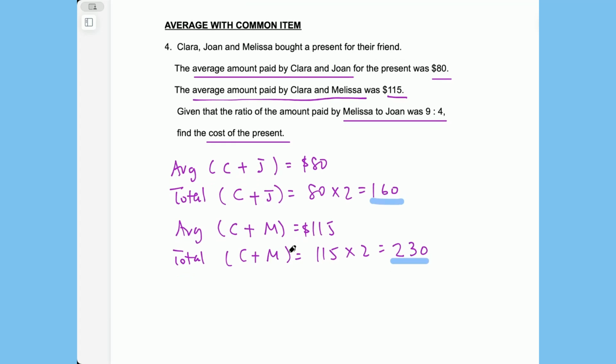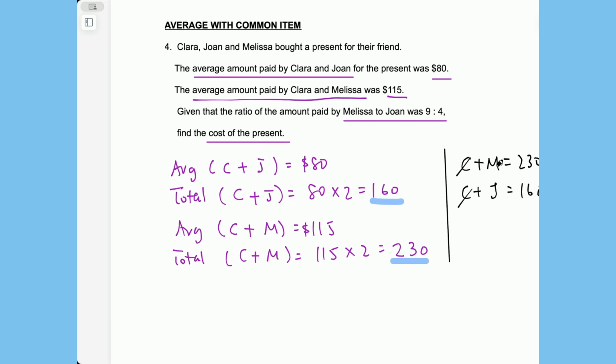So let's try and visualize this. I'll just write this here at the side. We have C plus M is 230, and we have C plus J is 160. So if we use 230 minus 160, C and C will cancel off.